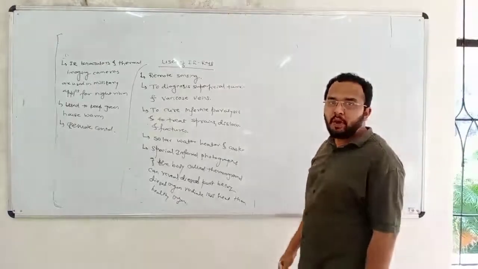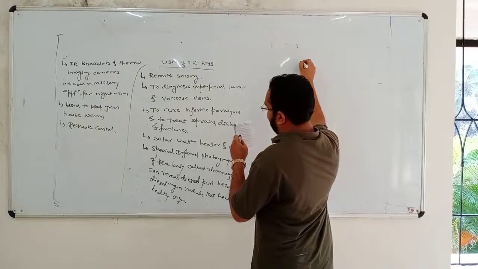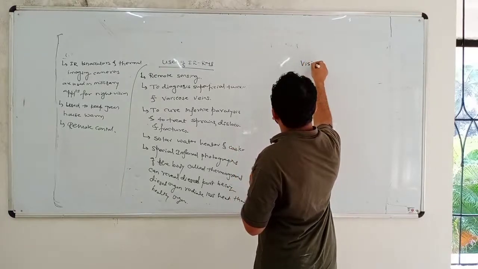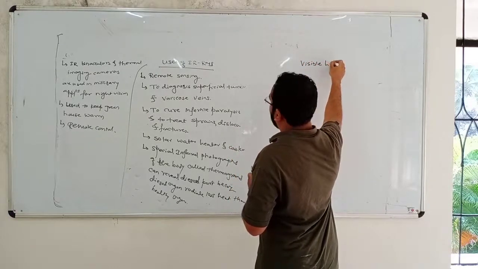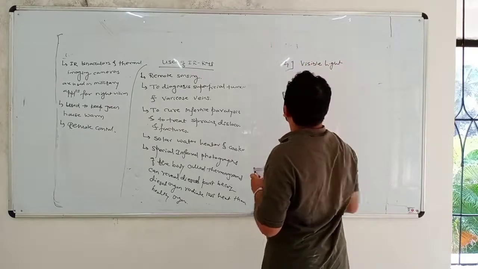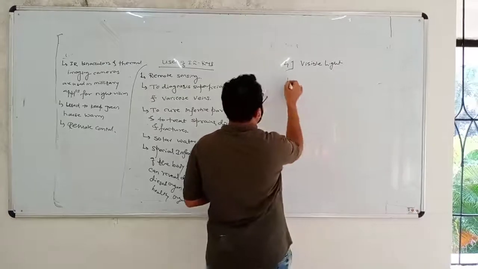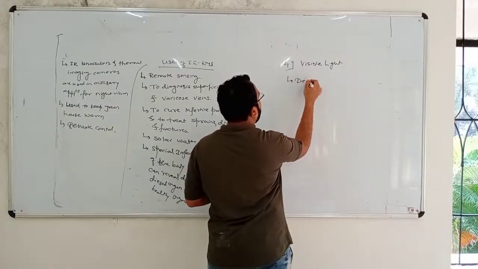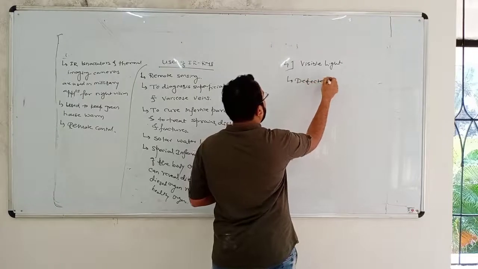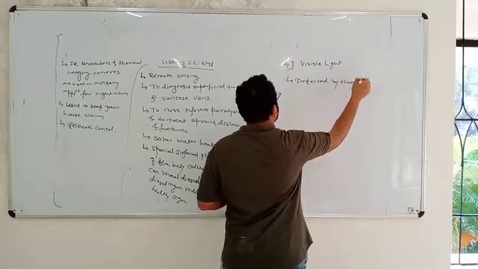Ray optics, wave optics. So, visible light. This is the fourth one, visible light. The first property: it is detected by the human eye, not by any instrument, but first of all by the human eye.